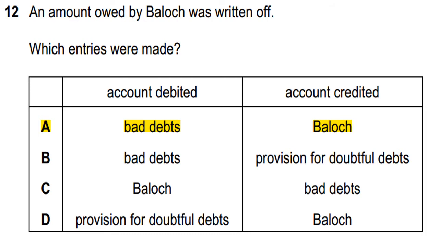Bad debts are an expense, so it will be debited, and Bloch will be credited because before this it was an account receivable, an asset. Now it will be written off, so it will be credited, and bad debts will be debited because these are expenses.